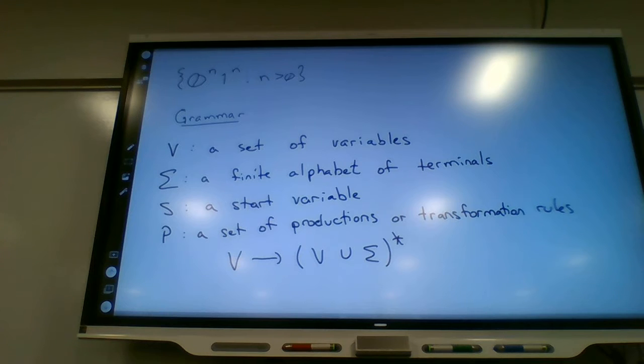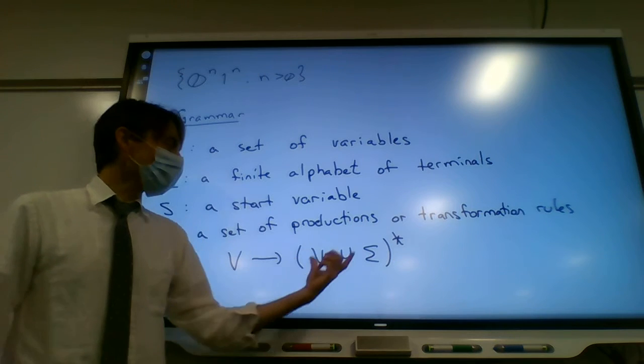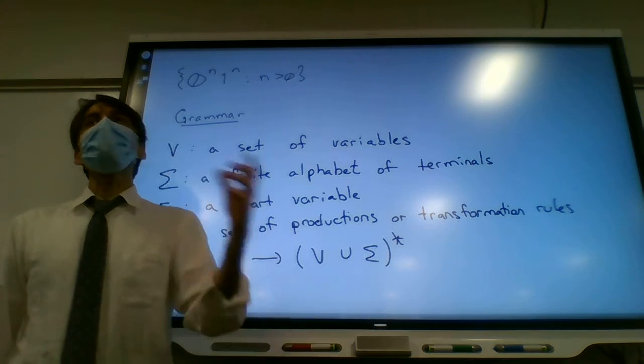Okay, so this is kind of a formal definition, and we'll look at an example, right? So we can see what we're talking about here. So this is like the idea of the MIU system that we talked about earlier in the term. If you have something, here's how you can create something new from it. Okay, so the set of productions or rules is similar to what we had with the MIU system.